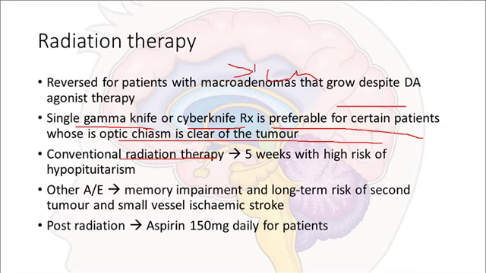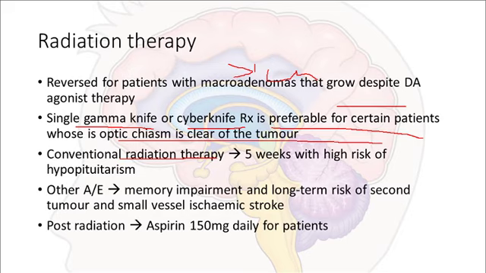And that will then potentially cause diabetes insipidus as well. Other adverse effects include memory impairment, long-term risk of a second tumor, and small vessel ischemic stroke. So post-radiation, what is suggested is using 150 milligrams per day of low-dose aspirin to prevent an ischemic stroke from taking place.